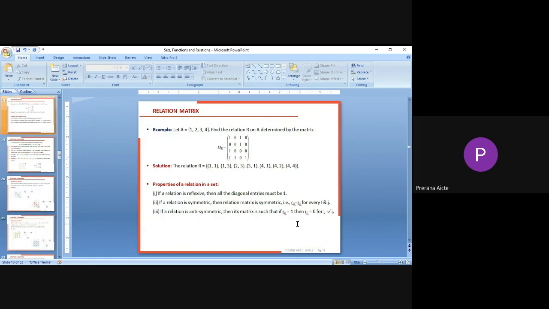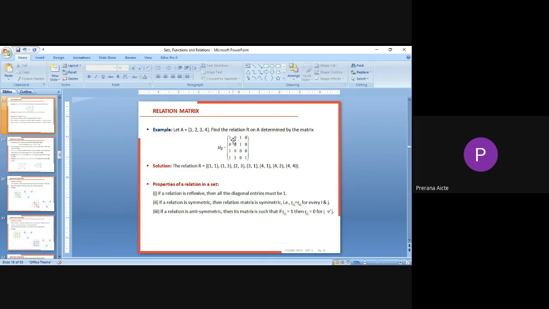And here, what is the advantage of this relation matrix? Let us see. If you consider the relation A is given like this, we build a relation matrix like this. From this relation matrix, what properties can we identify? If your relation is reflexive, then all diagonal elements must be 1.